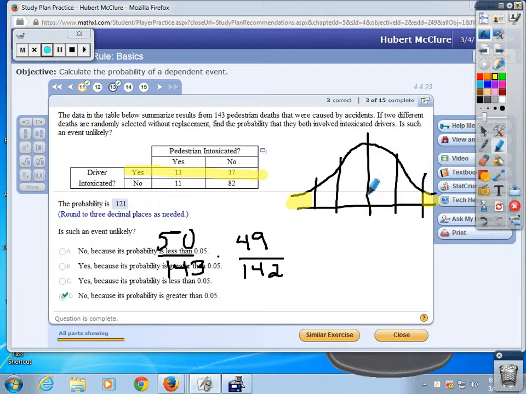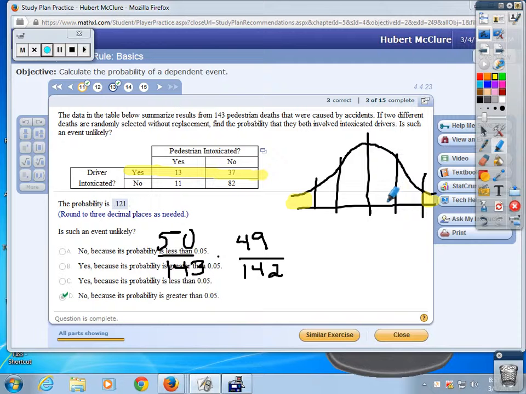Normal, right? So, is such an event unlikely? Unlikely would be unusual. So, no, it would not be unusual, because it falls in the normal range. With these questions you have to think about it, and sometimes it's better to draw a picture.